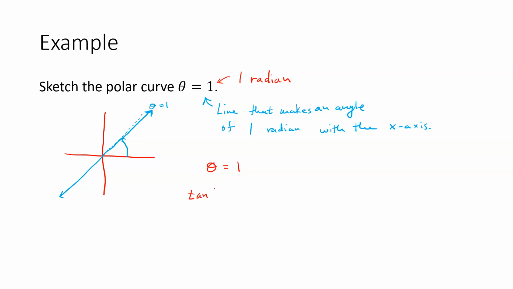If I apply tangent to both sides of this equation, then over here this becomes y over x. And so we can see here that we get the equation y equals tan of 1 times x. And so tan of 1 here is actually the slope.